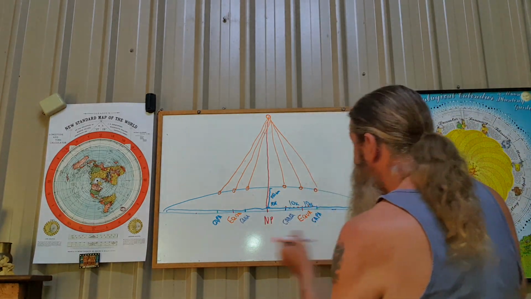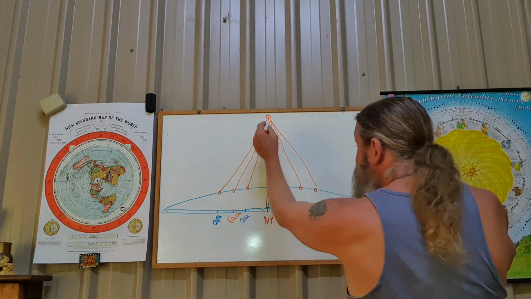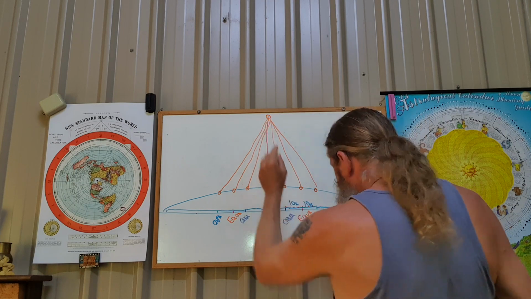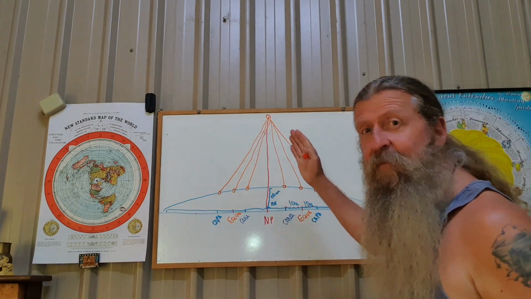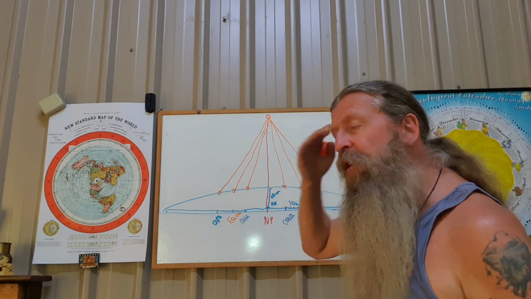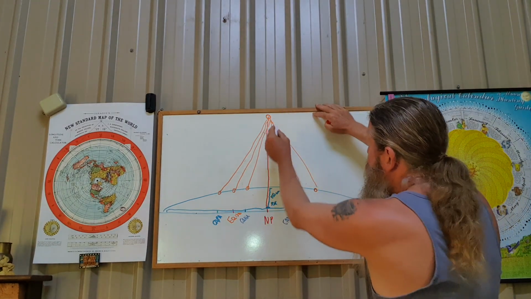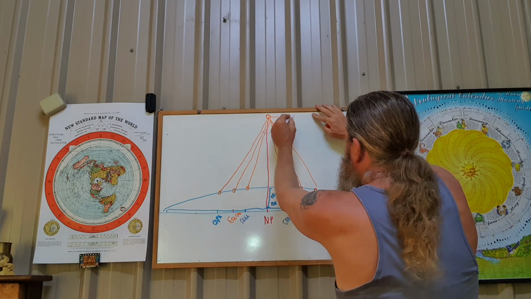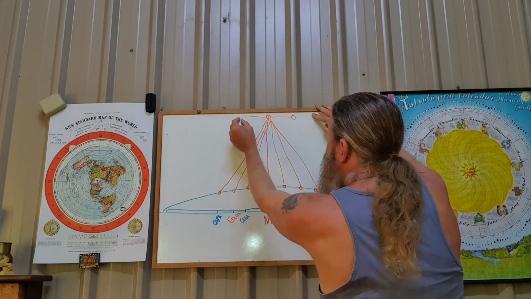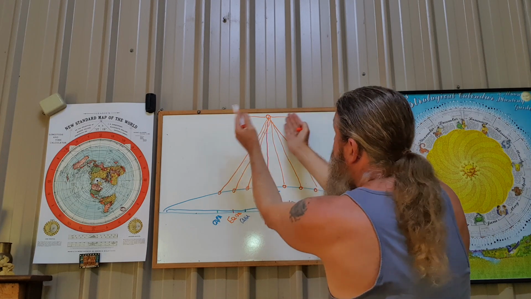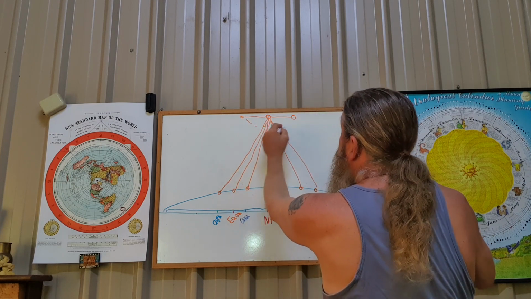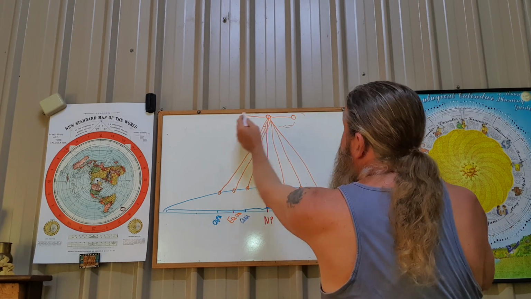So what's happening, if we can, is that, now bear with me, because this is still a new thought that I'm toying with. We could say that the sun is out on an arm above the equator, and so as it rotates, it goes around and around.